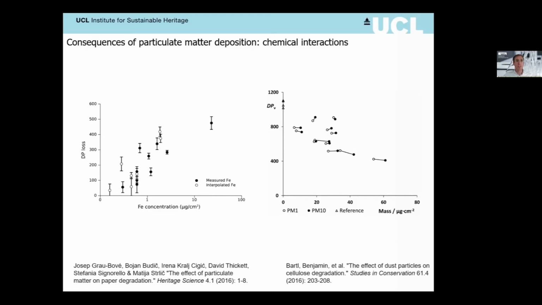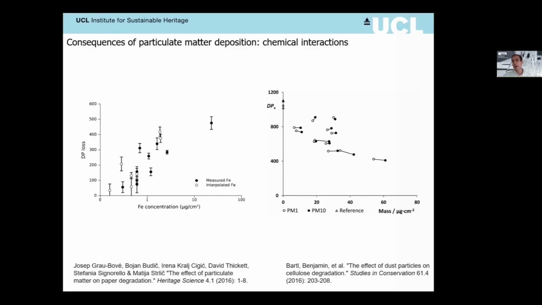There are a couple of differences between the two studies. The main difference is that in our study, we explored which of the multiple components of the particles was contributing more to this degradation. And what we found is that the concentration of iron within the particles correlated very well with the loss of degree of polymerization, or it was the element that correlated the best.